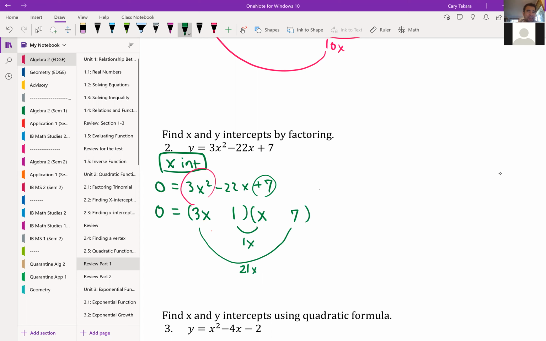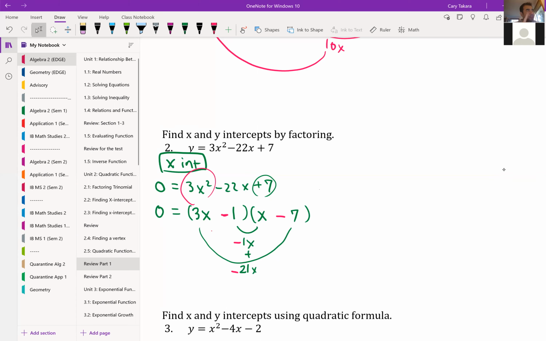And can you create negative 22x by adding 1x and 21x? Yeah, we can, right? If both of them are negative, negative 1x and negative 21x, then if you add them together, that's negative 22x. That means the 1 will be negative and the 7 will be negative as well. Then you will get negative 22.